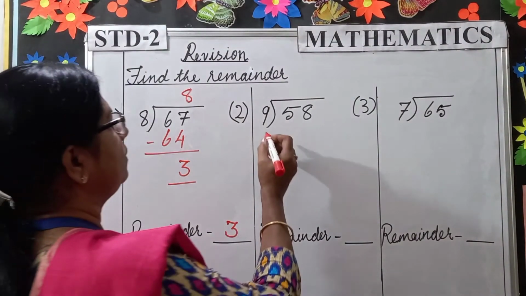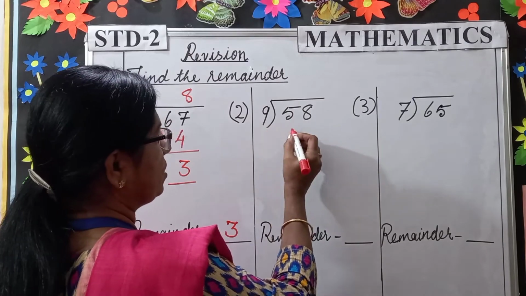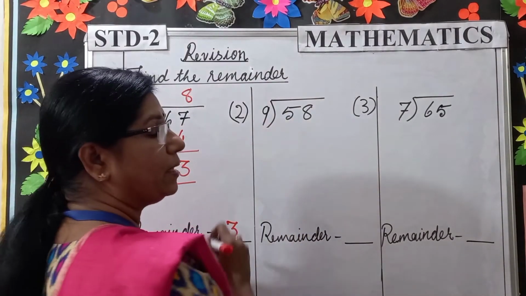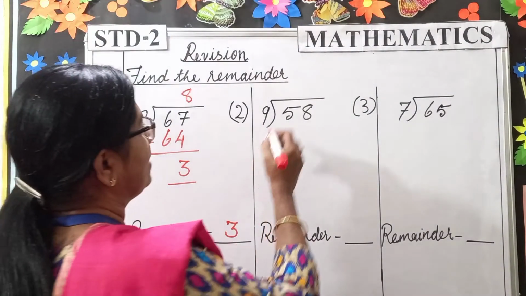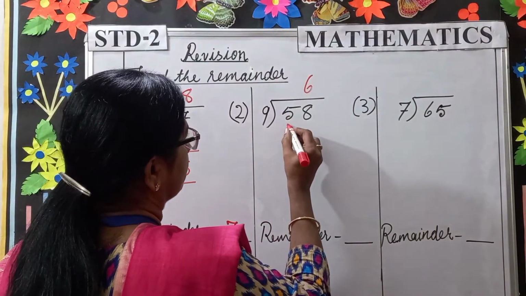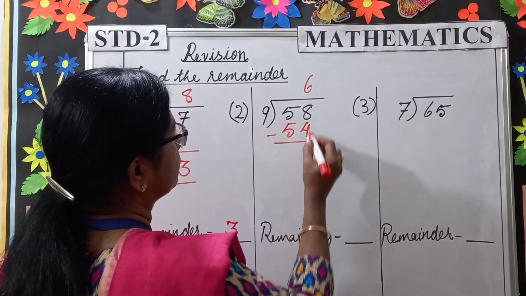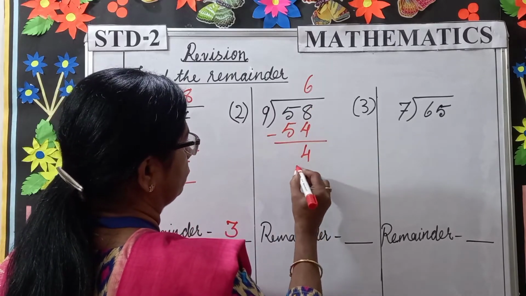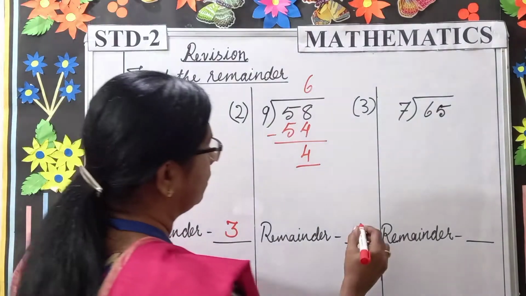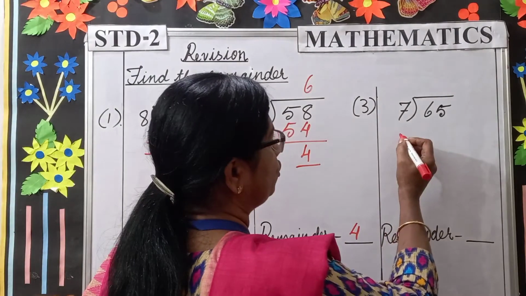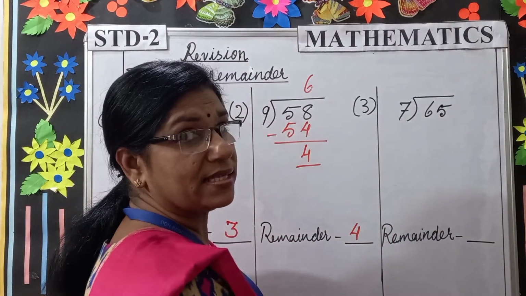Let's do the next one. How many 9s goes in 58? You have to say the multiplication table and find. 9 6 are 54. Again you subtract. 8 minus 4, 4. So your remainder is 4. We have one more example. Here you have to divide 65 by 7.